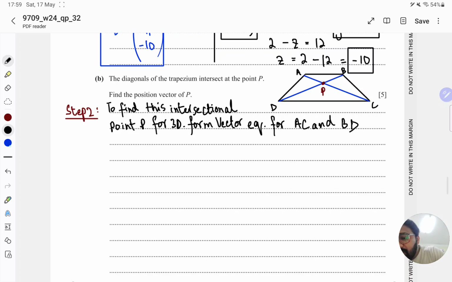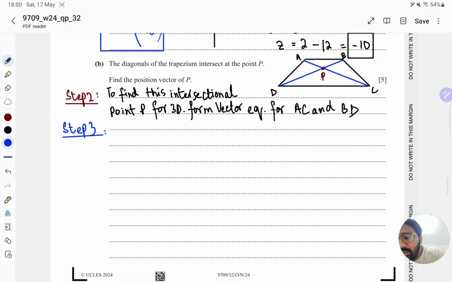So let's first of all make the two vector equations. Step number 3: we are going to find the equation for DB.